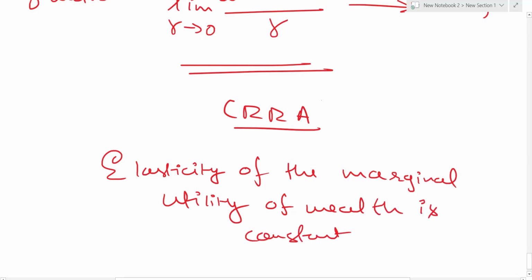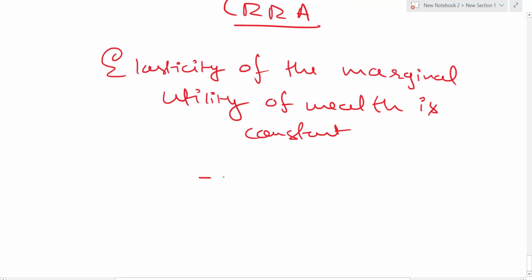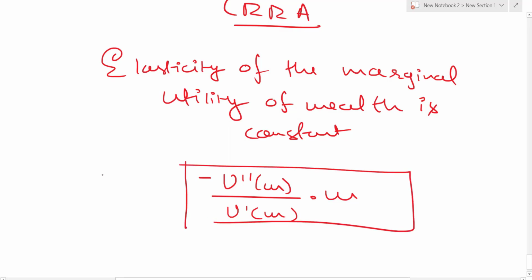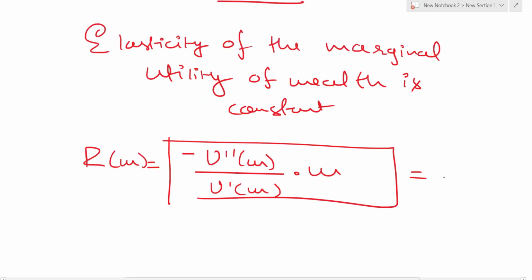How do you measure the elasticity of marginal utility of wealth? It's the negative of u double dash w divided by u dash w, multiplied with w, which is nothing but our measure for relative risk aversion. And this term turns out to be a constant, which is just 1 minus gamma.